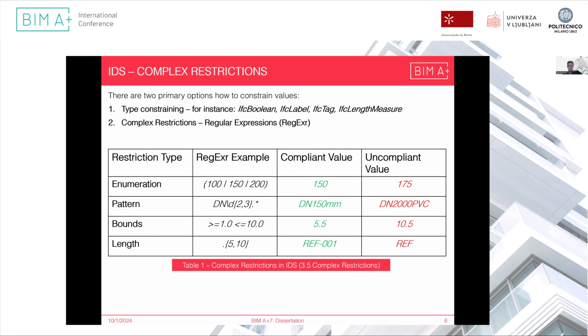So I have here enumeration, where we can select from a list. Then I have a pattern, which you can imagine on a task where you are about to name pipe segments. This would be a requirement which you would set there. Then we have bounds, from which value until which value. And lastly, length. So this was value constraining.